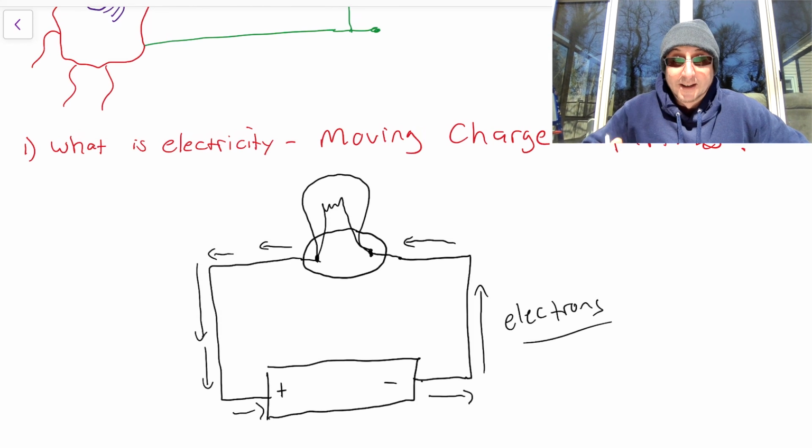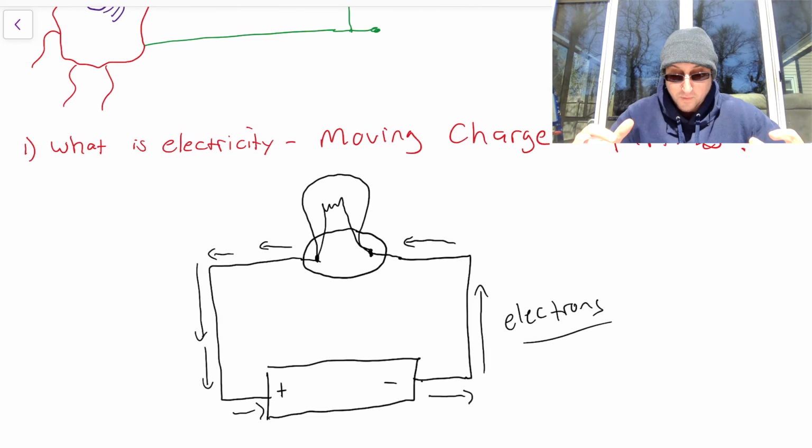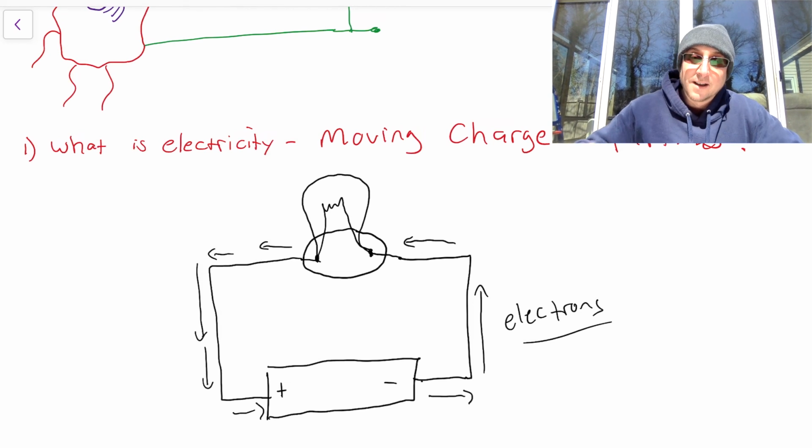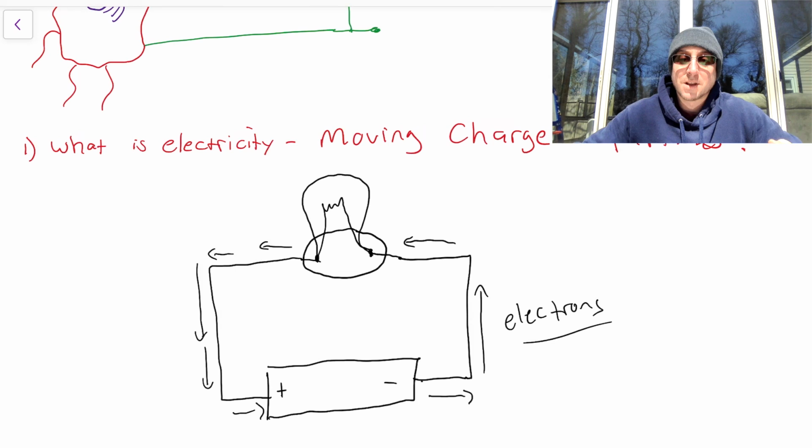For us, in our class, we're not moving electrons. We're actually going to be moving positively charged particles, right? So if we can get these positively charged particles to move into the neuron and sort of go through the dendrites and through the axon, then we could set up an impulse, an electric message. So think about that.